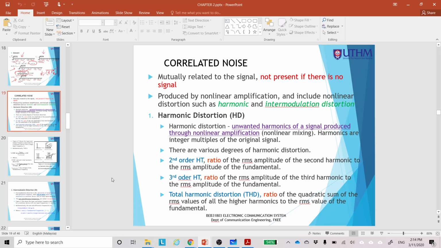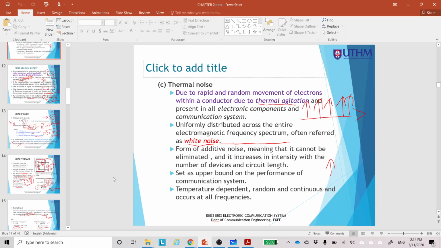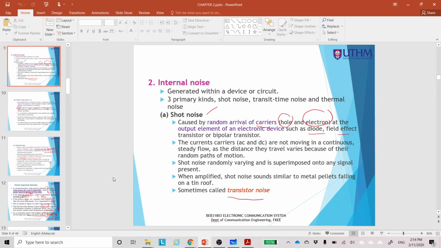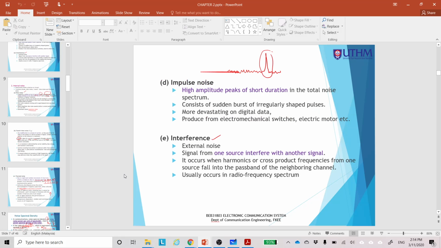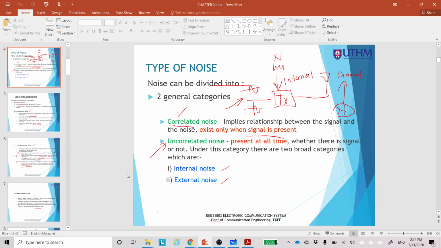Okay, untuk uncorrelated noise, so the noise exists although there's no input signal. Okay, walaupun tidak ada input signal, this noise still happen. Okay, dia tetap berlaku. Okay, ini ada diterangkan di sini for uncorrelated and also the correlated.